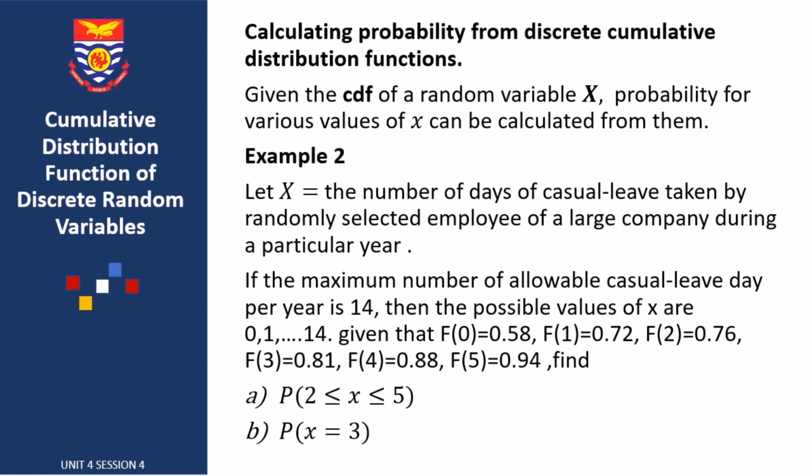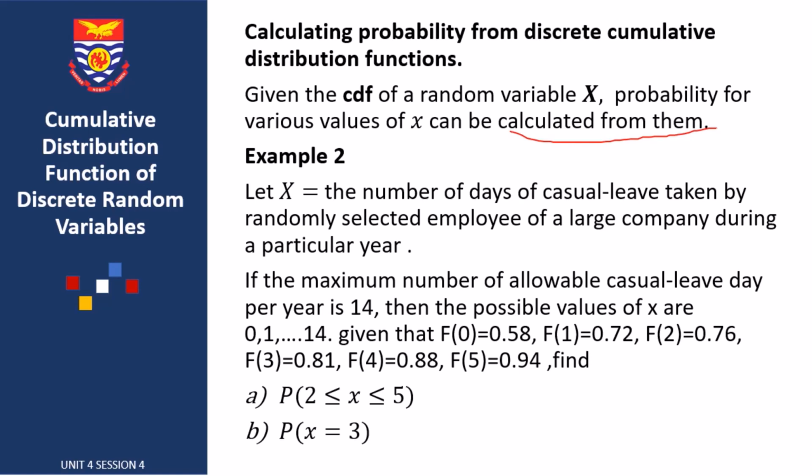So initially we were given probabilities and we calculated the cumulative. We could be given the cumulative for us to extract each probability from the cumulative function. Yes, it's quite simple for us to do. So given the CDF of a random variable x, probability for various values of x can be calculated from them.